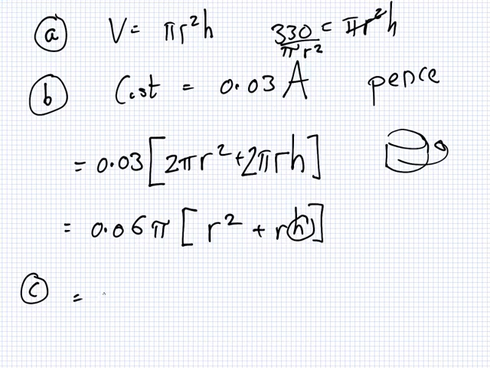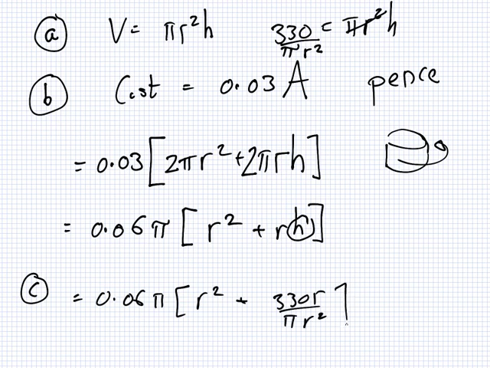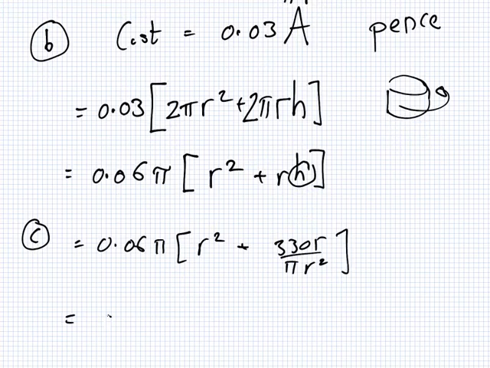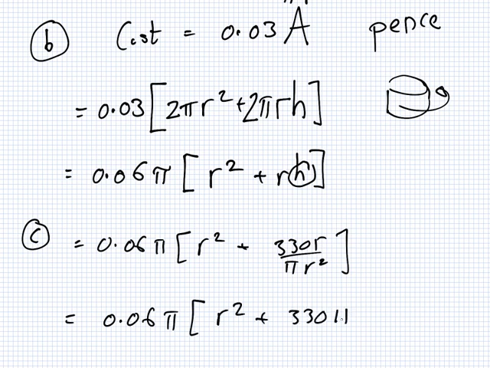So that would be 0.06 pi r squared plus 330 r over pi r squared. So that would become 0.06 pi r squared plus 330 pi r to the minus 1.